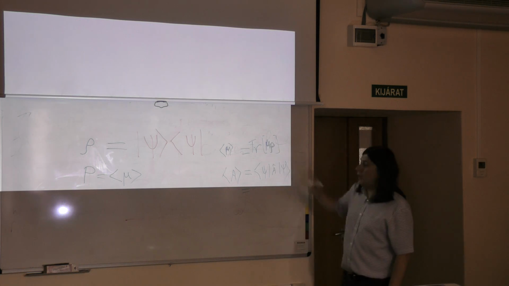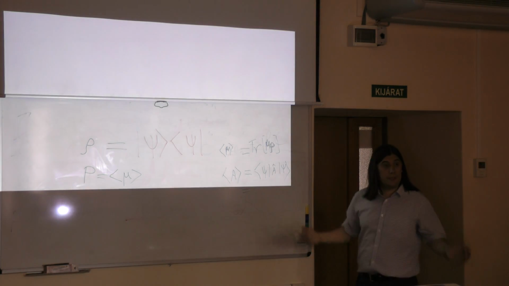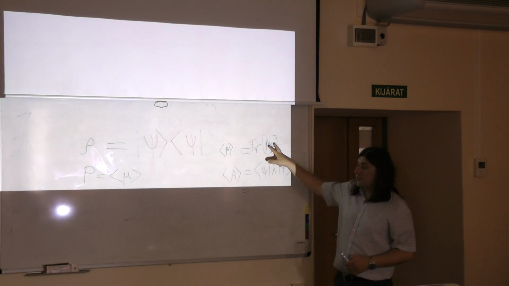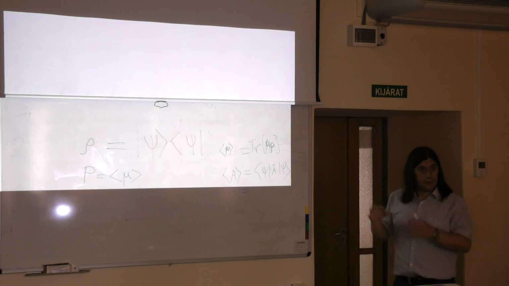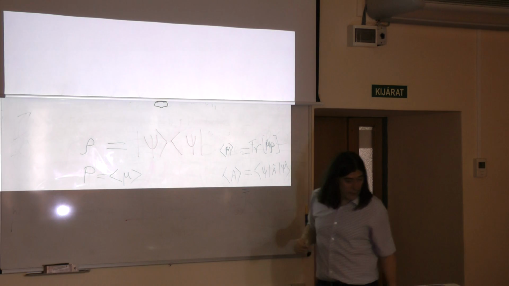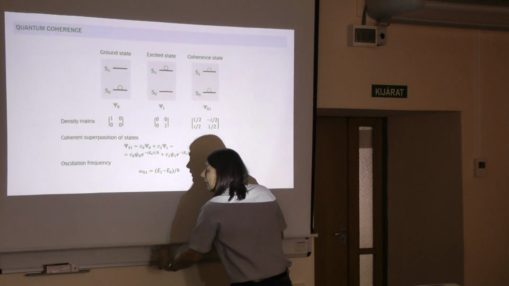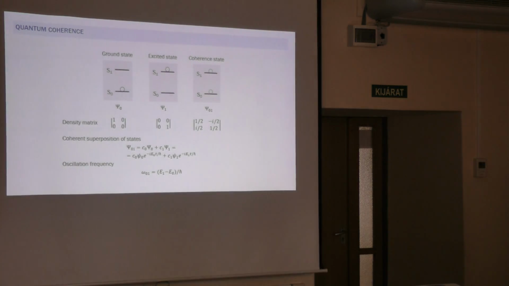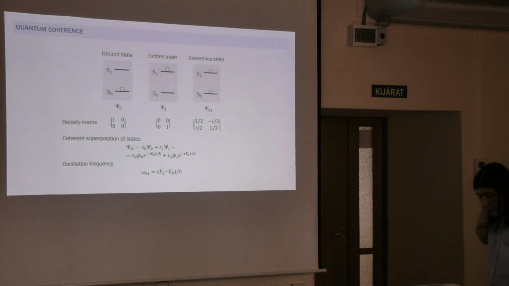Basically, we multiply the dipole moment operator with the density matrix, sum all the diagonal elements, and that is our polarization. And it turns out that if we do that, only the off-diagonal elements of the density matrix come into the trace, simply because the dipole moment is also an off-diagonal operator. That's coherence for you.